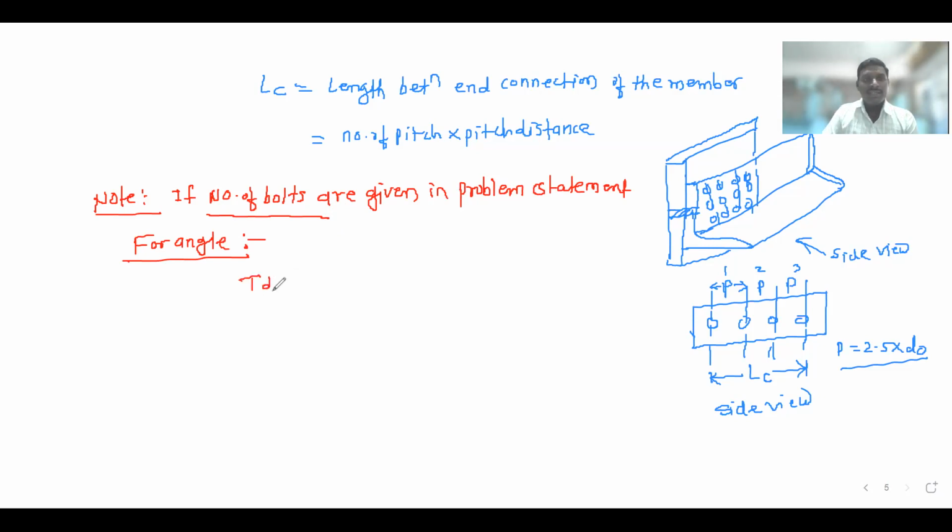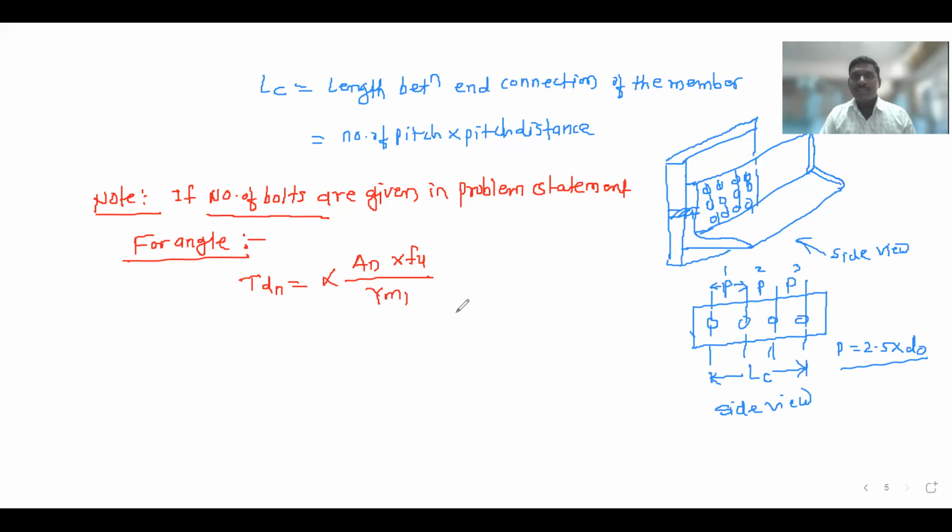So Tdn is equal to alpha into An into Fu divided by gamma m1.